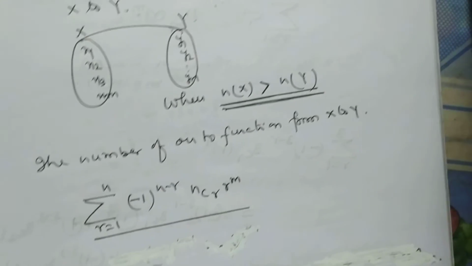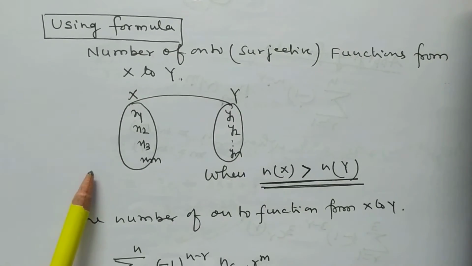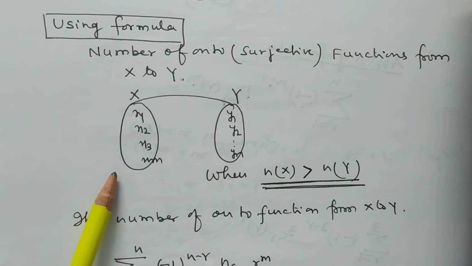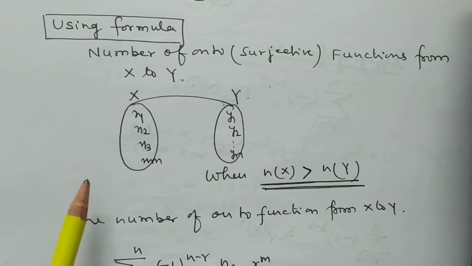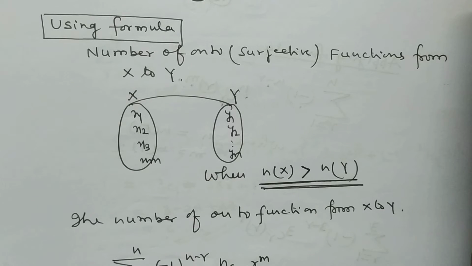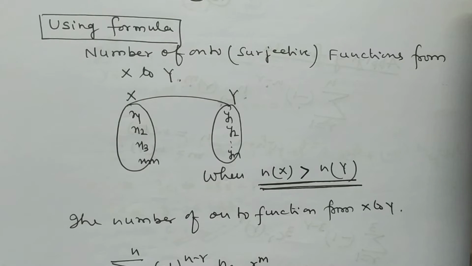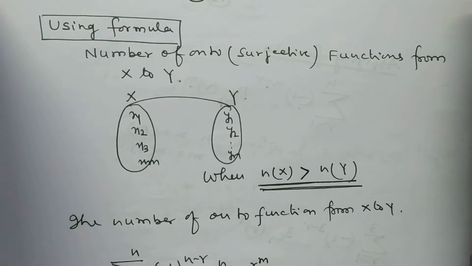Now, I want to suggest you that we should solve the problem by 2 ways. One is by using formula and other is by counting method. In counting method, we'll use number of onto function is equal to total number of function minus number of many one function.